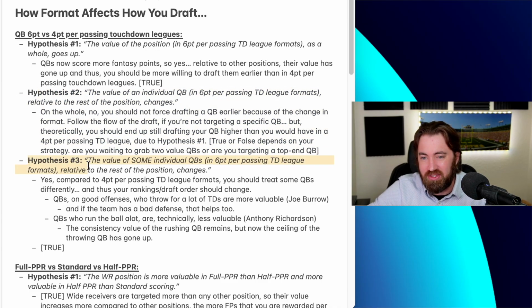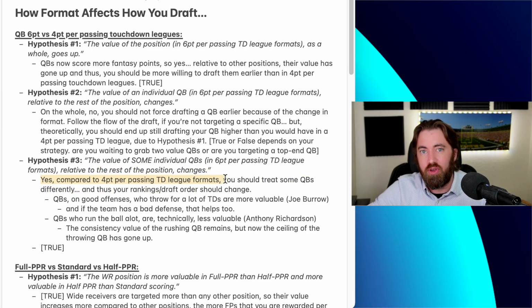But let's just move on to hypothesis number 3, the value of some individual quarterbacks. Now we're looking at specific individual quarterbacks in 6-point per passing touchdown league formats relative to the rest of the position changes. So that's kind of going back to what I said about specifically targeting a top-end quarterback, but now we're a little bit more general: quarterback to quarterback, yes, some of the values change compared to 4-point per passing touchdown league formats.